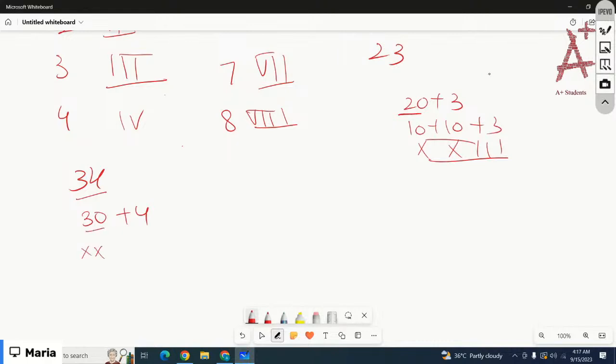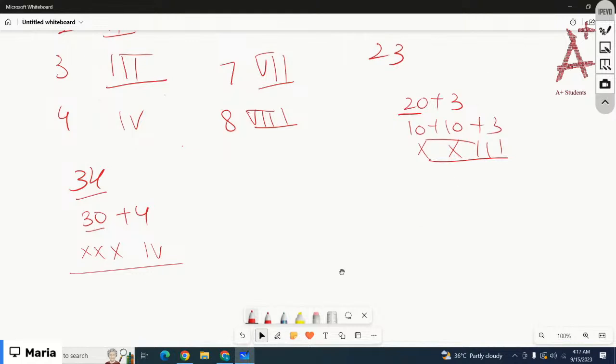So 30 is XXX, and 4 is IV. So that makes 34. That's how you can go from digits to Roman numerals. Just break them down and then use the Roman symbols to represent the numbers.